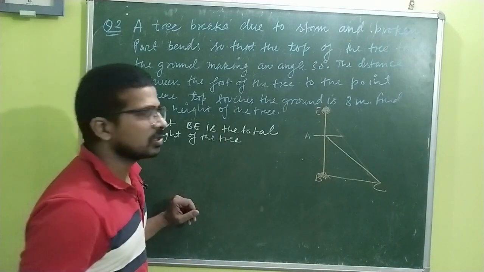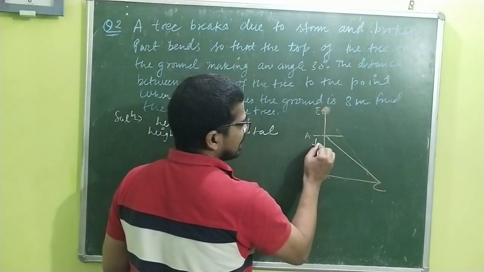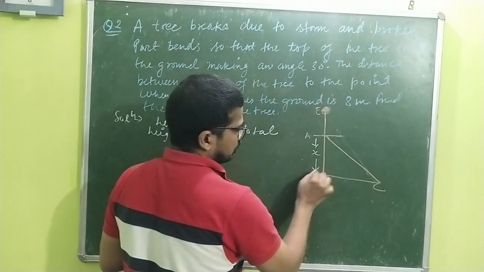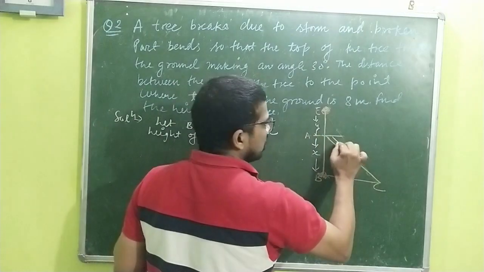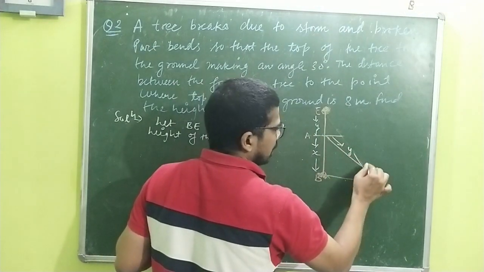Suppose I take it as x, and this as y, so this also will become y. You know why?